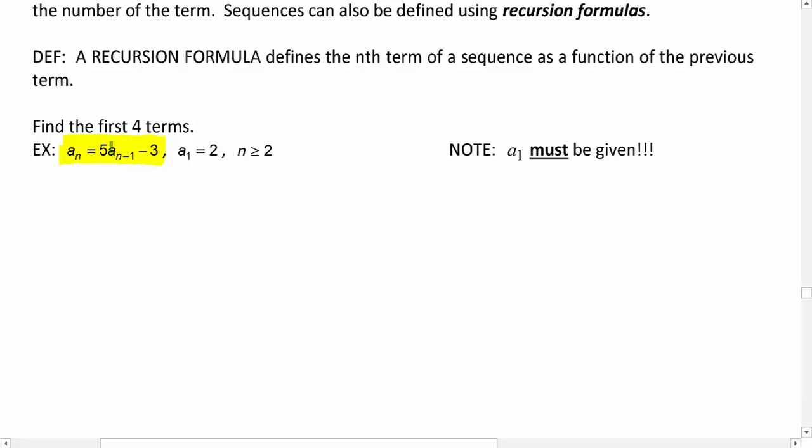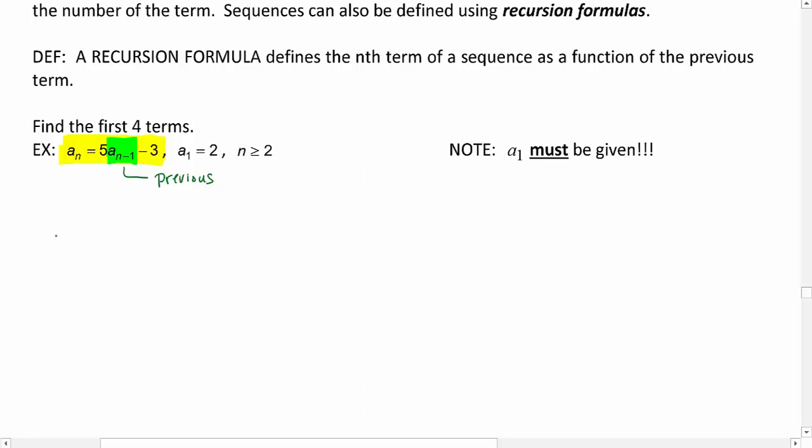This a sub n minus 1 right here, this is the previous term. If we're on term number n, n minus 1 would be the one right before it. So it's telling us to take the previous term, multiply it by 5, subtract 3.